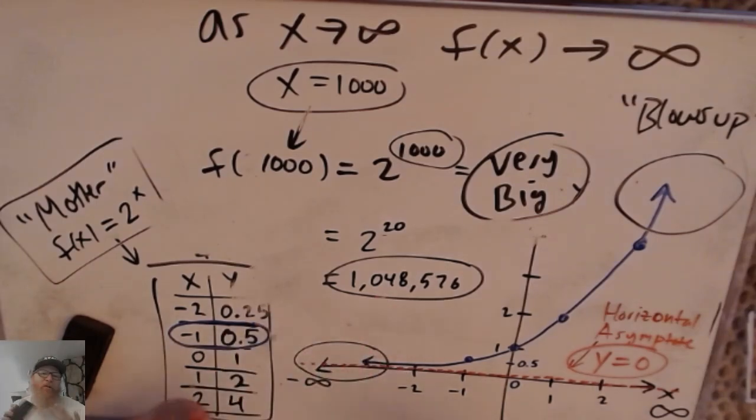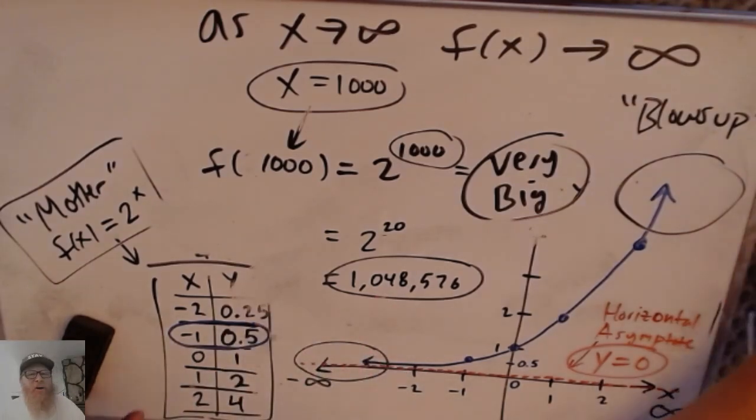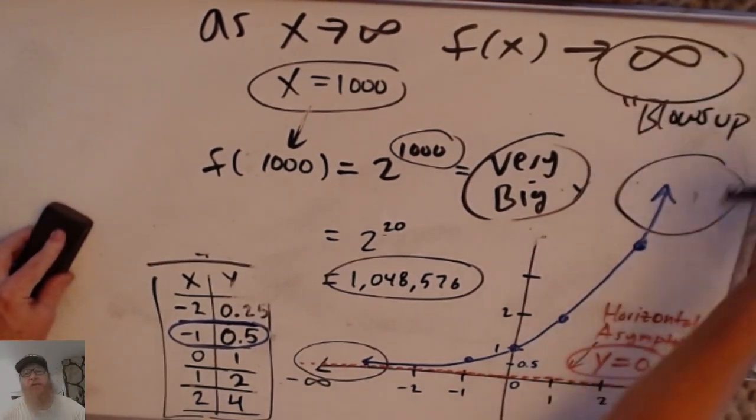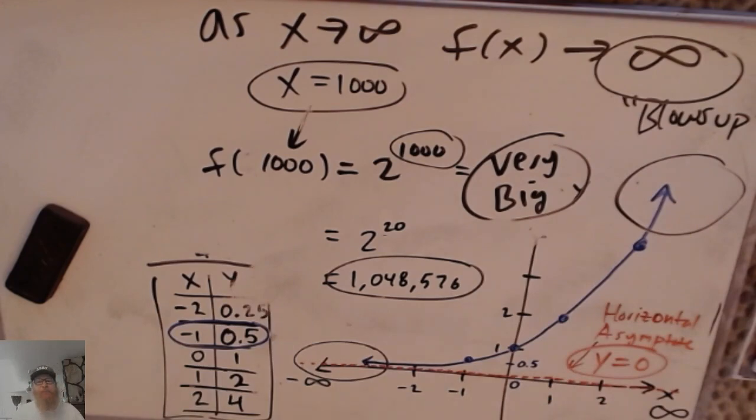It's more than all the stars in the sky, all the molecules in the universe. It's still more than that. So it's too big. So we just say it blows up to infinity. All right, so keep that in mind. That's your mother function. And now we're going to graph functions by using transformations.